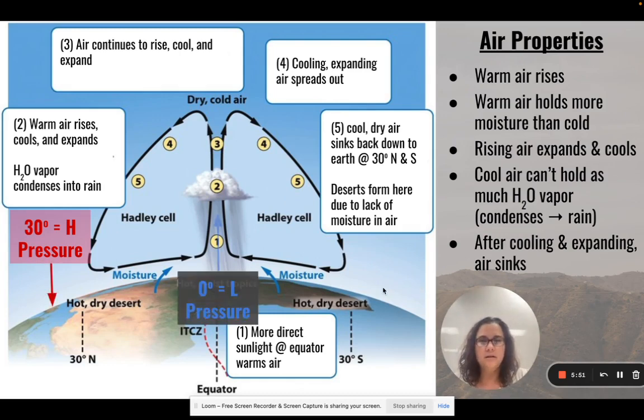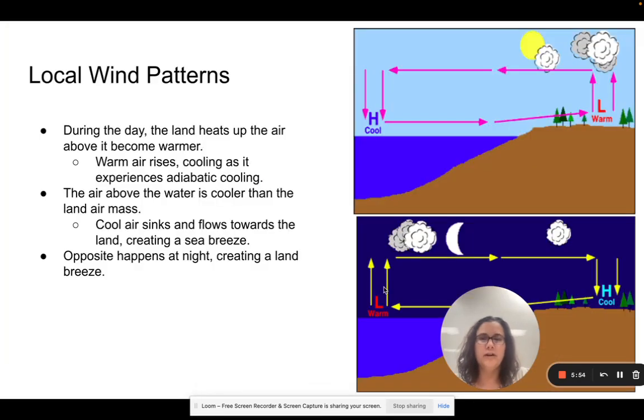All right. Sorry, high-low pressure, I forgot that. Now, we see this on a smaller pattern, even locally, right? If you spend any time at the beach, during the day, the land is going to heat up. That land, warm air, stuff's rising over the land, right? That means a low pressure system. As it rises and it cools, it's going to move out over, say, the water, and it's going to sink back down, right?